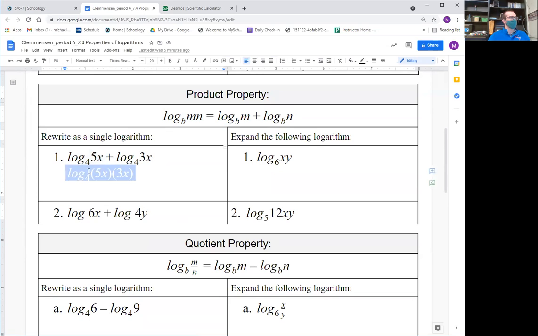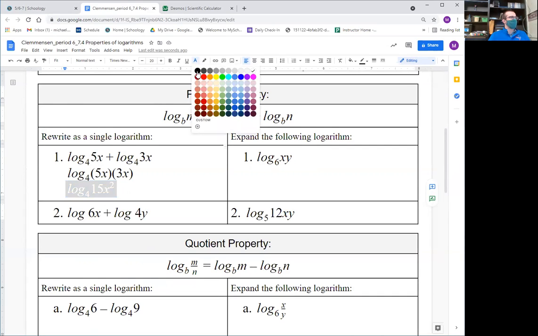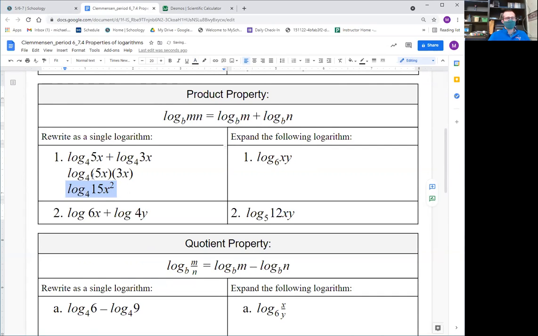So I will get log base 4 of 5x times 3x. I will multiply those together to simplify a little bit and get log base 4 of 15x squared. 5 times 3 is 15. x times x is x squared. That is my answer.